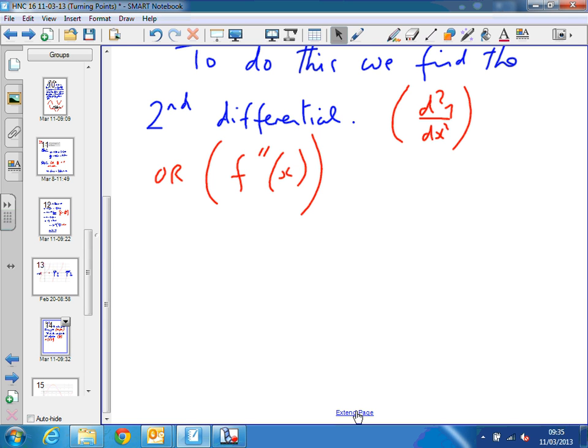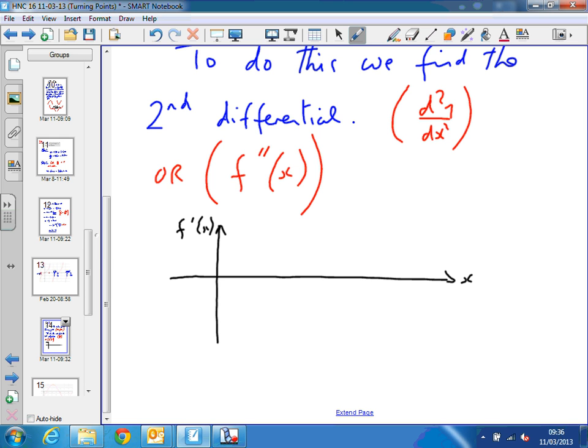So if we plot the curve, now what I'm plotting here is not the function but the differential. So I'm plotting the differential of the function on this axis against x. Okay?